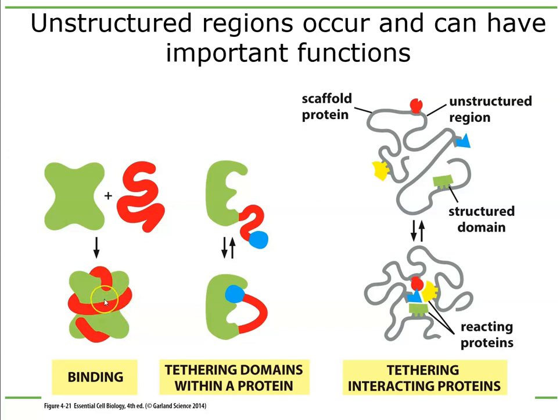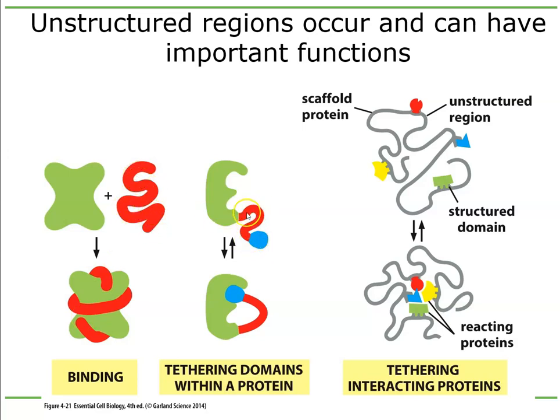So if it's binding, that flexibility initially might allow it to increase encounters for those domains that it's trying to interact and bind to. So this region might act like this until it finds its thing of interest, and then it creates the structure that's important. This might not be what it looks like in its active state.